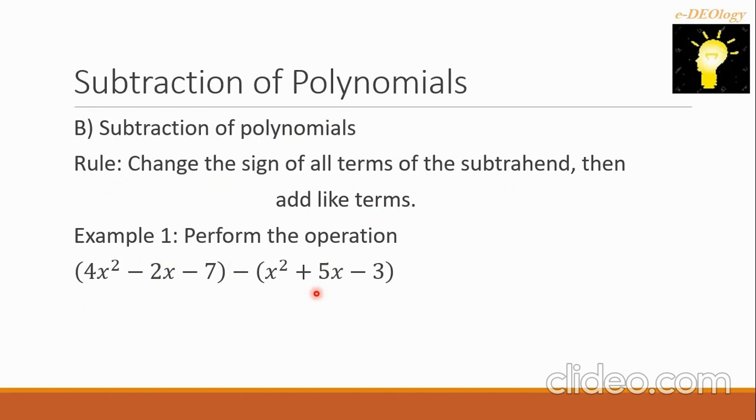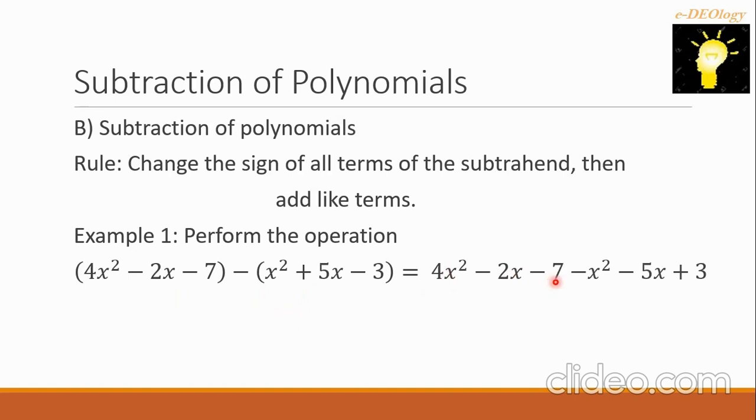We have two polynomials here: 4x squared minus 2x minus 7 is our first polynomial, minus the second polynomial, x squared plus 5x minus 3. So the second group is our subtrahend. We're going to remove the grouping symbol for these two groups, and then for the second group, we're going to change the sign.